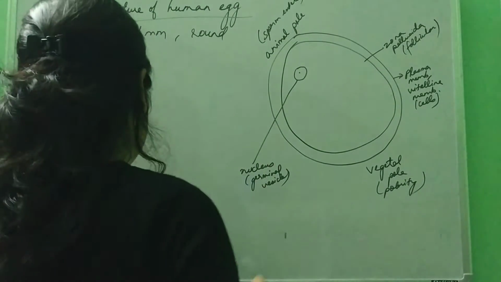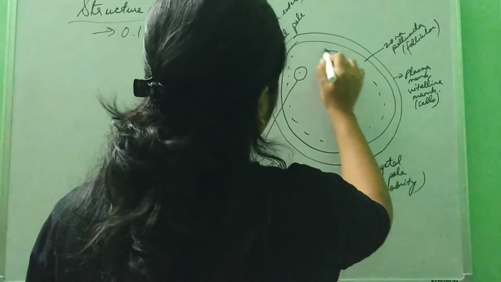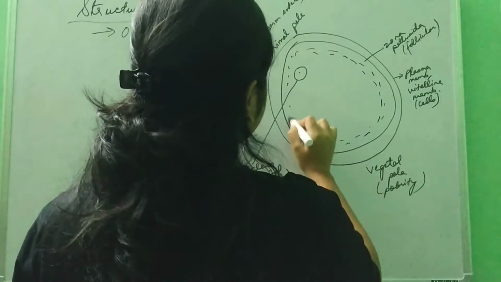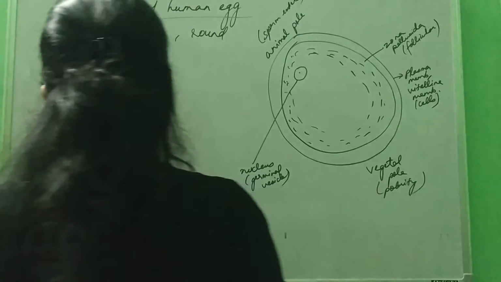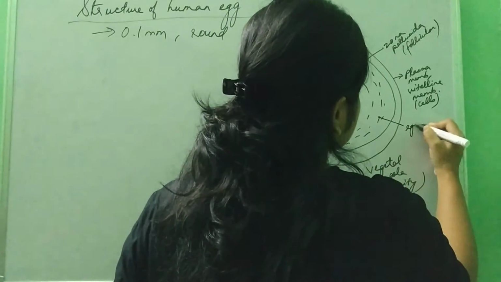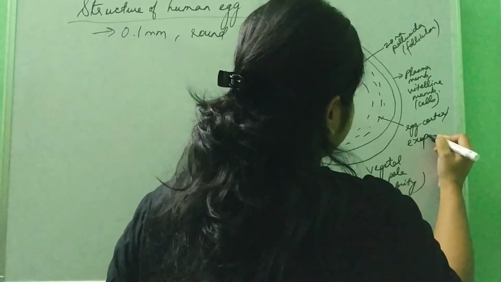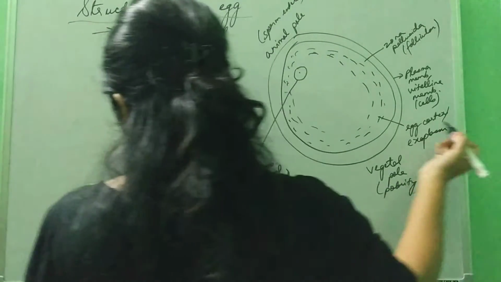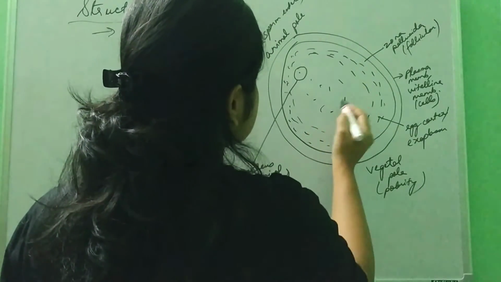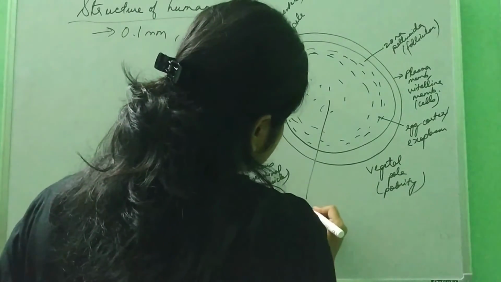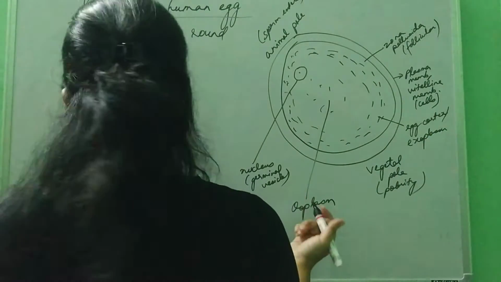Next, the outer part, which is dense, is known as the egg cortex or exoplasm. The inner part is less dense and is known as the ooplasm.